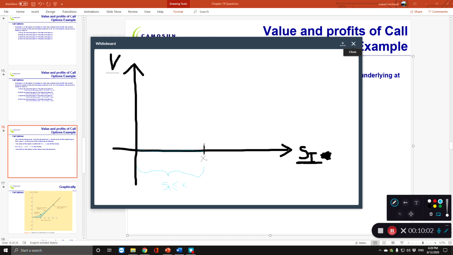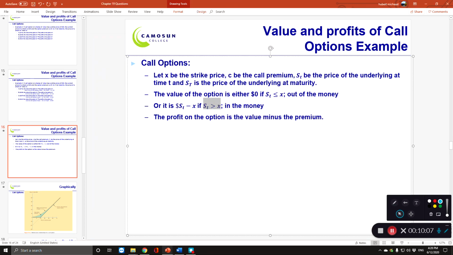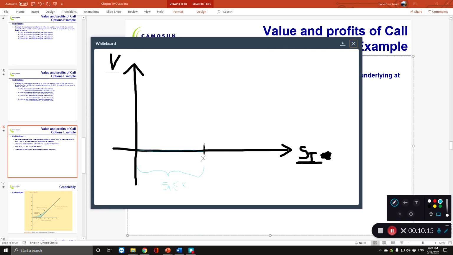After that, when the value of ST is bigger than X, the value of the option becomes ST minus X. Now a lot of students struggle to see that, but basically it's just a slope, right? It's just a line here with a slope of 1. And it goes up to infinity as ST grows, and the slope here is 1. So that makes sense for everyone.